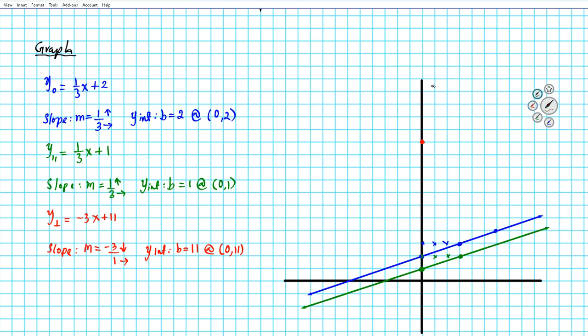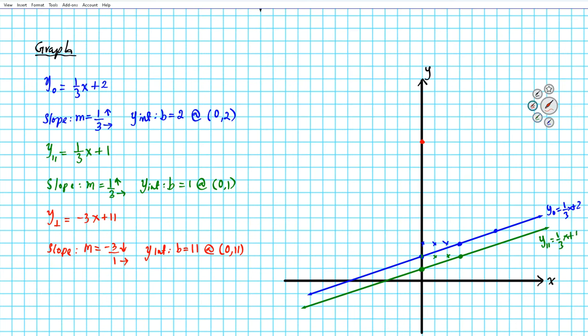Okay, so let's go ahead and graph the lines. This is the y-axis, x-axis. This is the original line, y original, which is 1/3 x plus 2. And then this is the other one, y parallel, which is 1/3 x plus 1.